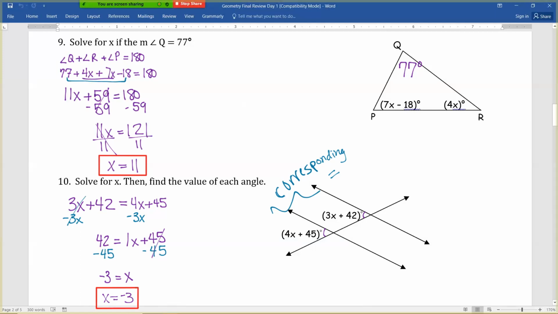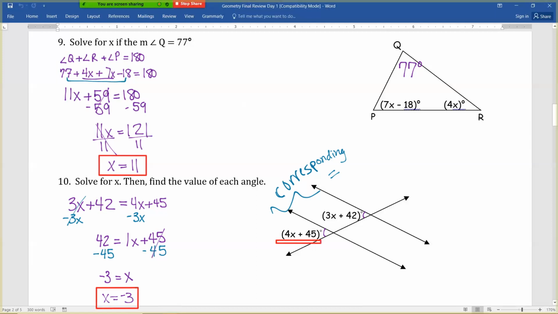So my instructions say solve for x and then find the value of each angle. So we're going to take that x value and plug it back in. Doesn't matter which angle you plug back into because, again, they should be equal to each other because they're congruent.